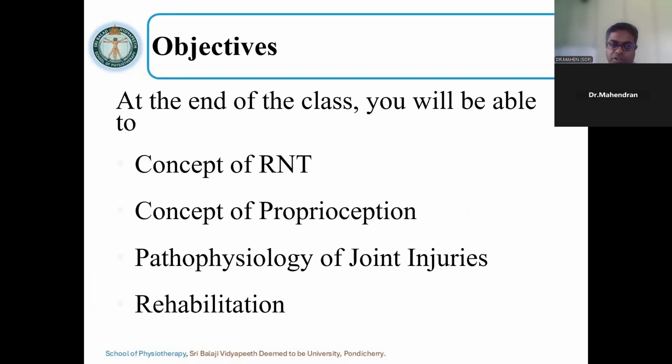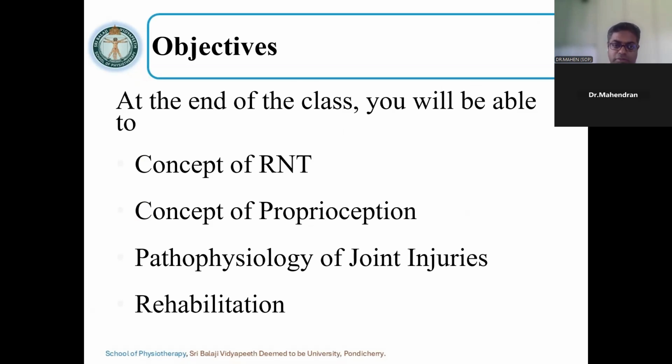At the end of the session, you will be able to understand the concepts of RNT. RNT consists of some physiological and neurophysiological concepts. We are going to discuss in brief about the concept because RNT has vast concepts in it.